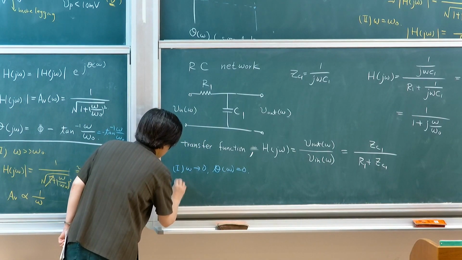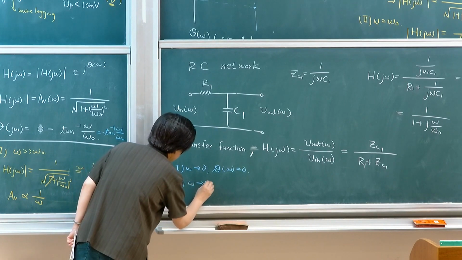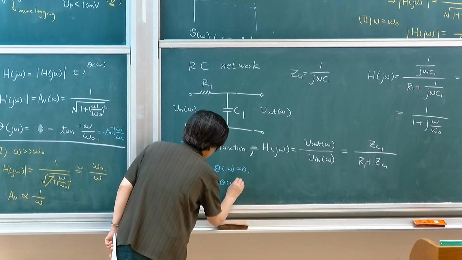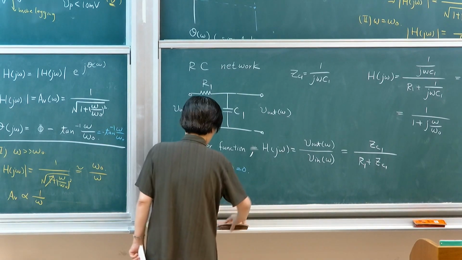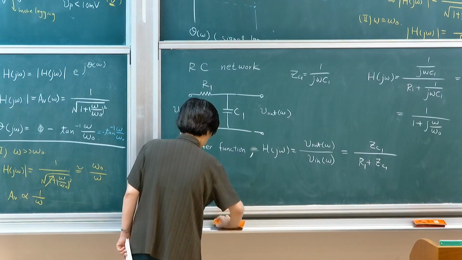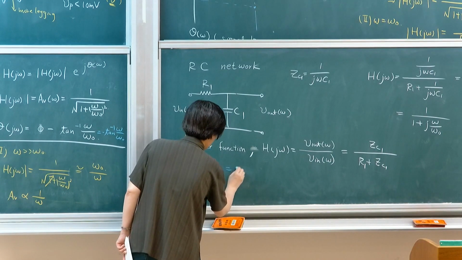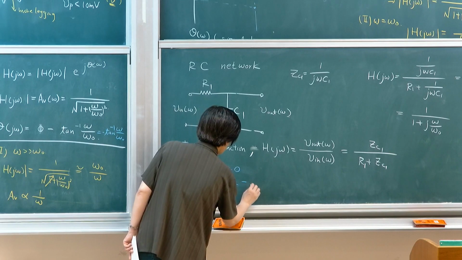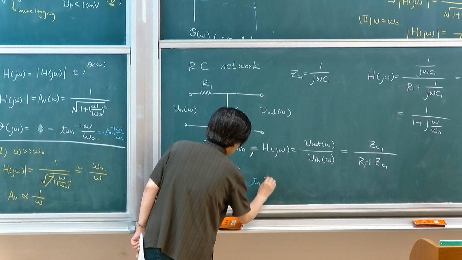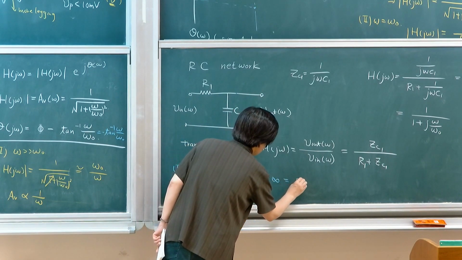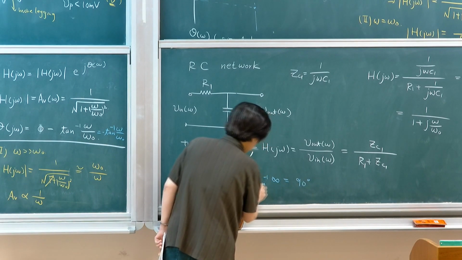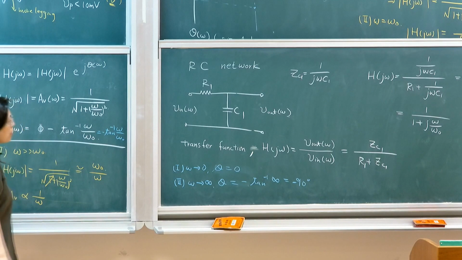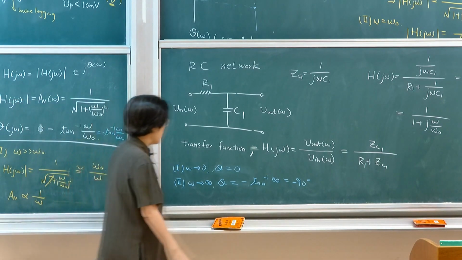At very high frequency, the phase equals minus arctangent of infinity. Arctangent of infinity is 90 degrees, with the minus sign, so you know that it goes to minus 90.